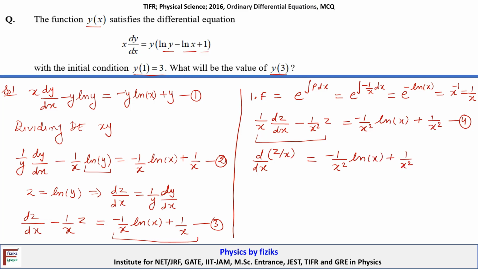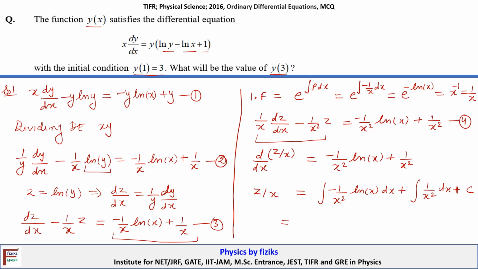Now on integrating both sides, z/x is equal to the integral of −(1/x²) ln x dx plus the integral of 1/x² dx plus an integration constant, say C.